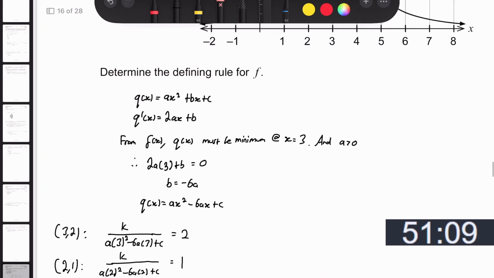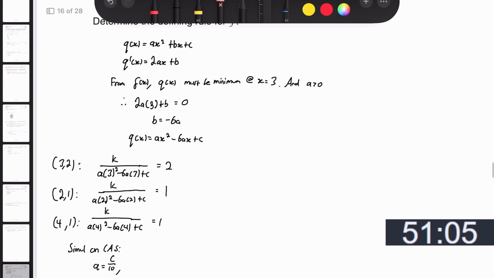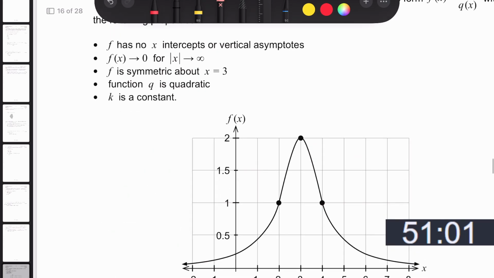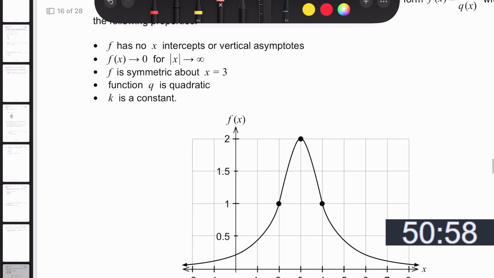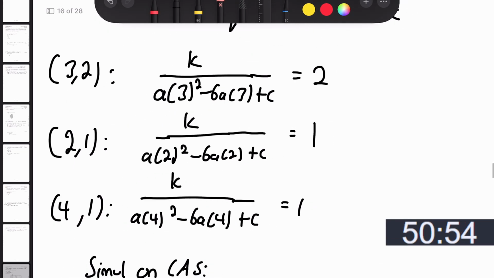What is this? Okay, so let me get this right. 2, 1, 3, 2, and 4, 1. I'll bring you back down here.